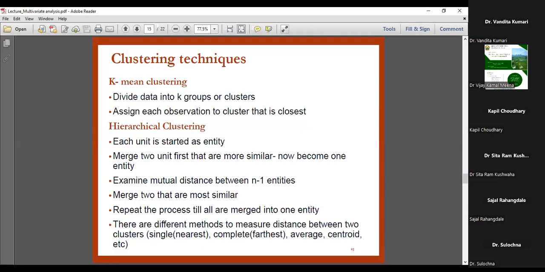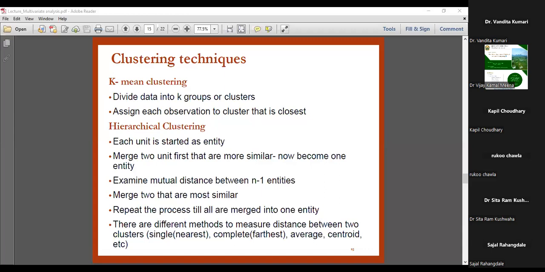Ma'am, the distance you have mentioned here was Euclidean distance. Usually in our synopsis, we write calculating distance using Mahalanobis distance. Are these both distances the same? No, the distances are different, you can use either. The method will change the distance.